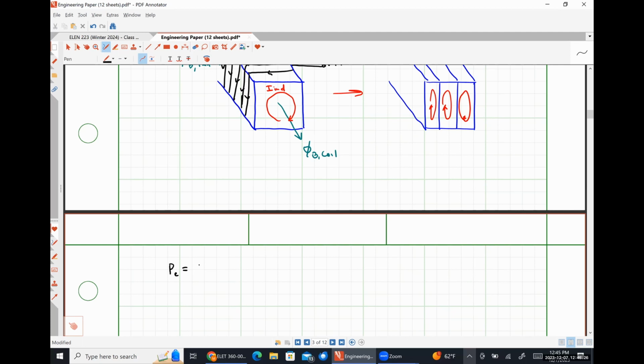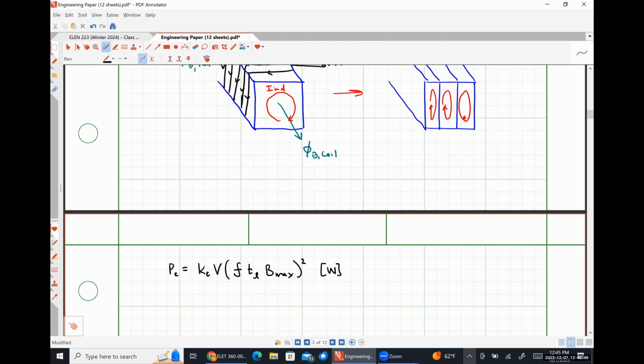So we're going to have K sub E times V times F times T subscript L times B max quantity squared.